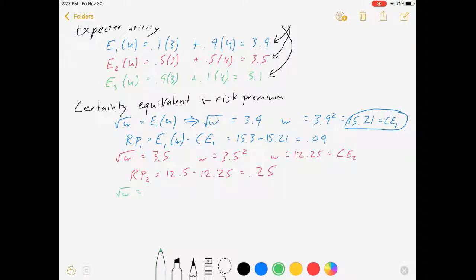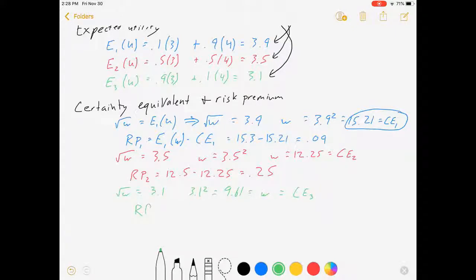Now the last one, it's the same idea. Square root of W is equal to, what was my expected value? 9.7. No, it is equal to my expected utility. Sorry, I got lost for a second. Is equal to 3.1. So 3.1 squared, which is 9.61, is my W, and that's my certainty equivalent under the third distribution, 9.61.